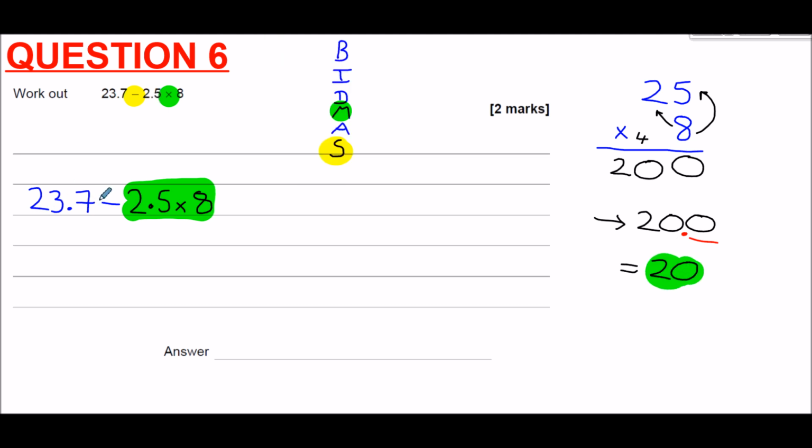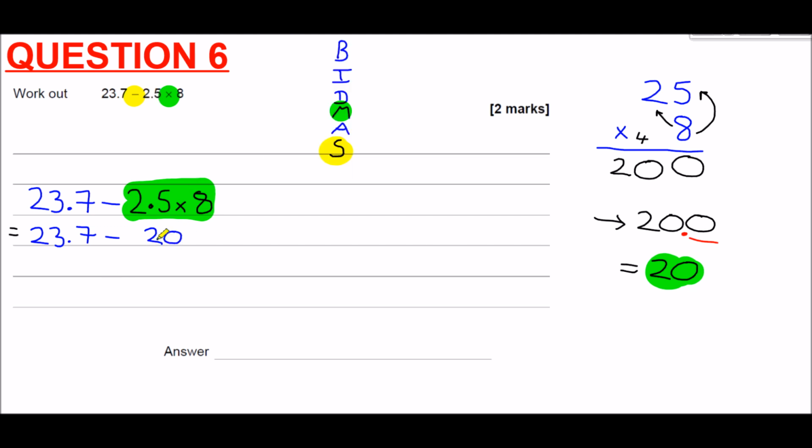So 23.7 minus 2.5 times 8, we can write this here as 23.7, and we can replace this multiplication part with what it actually is, which is 20.